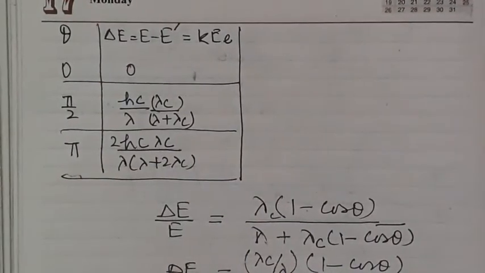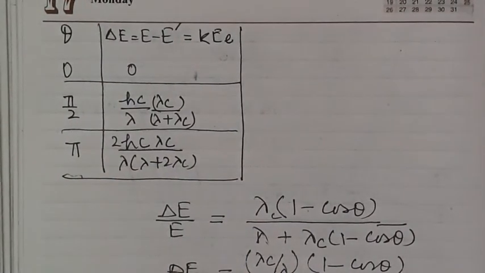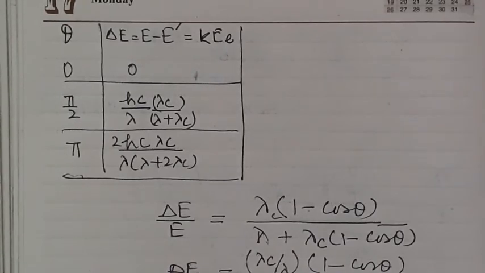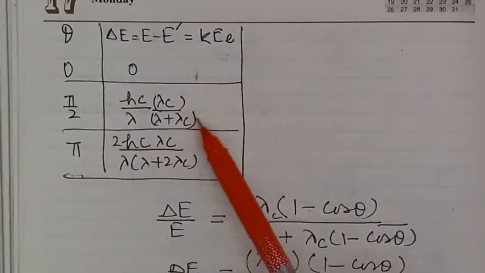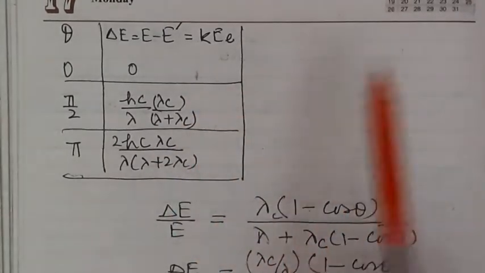Substituting different values of theta, 0, pi by 2 and pi, in the expression, we get the change in the energy, that is the kinetic energy of the system.